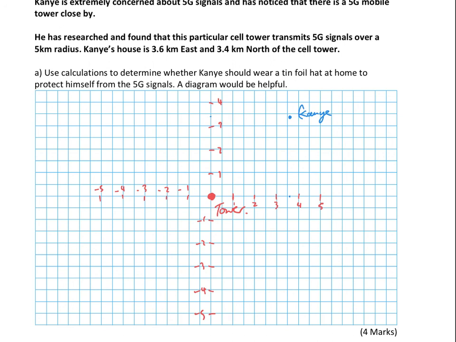Well, we have this situation here where Kanye is 3.6 kilometres east, 3.4 kilometres north. So that's a right angled triangle here. We can find the hypotenuse of that. 3.6 squared plus 3.4 squared equals the hypotenuse squared.